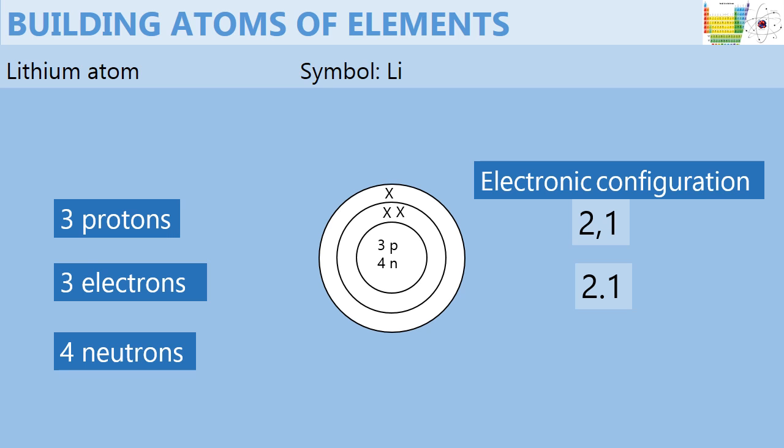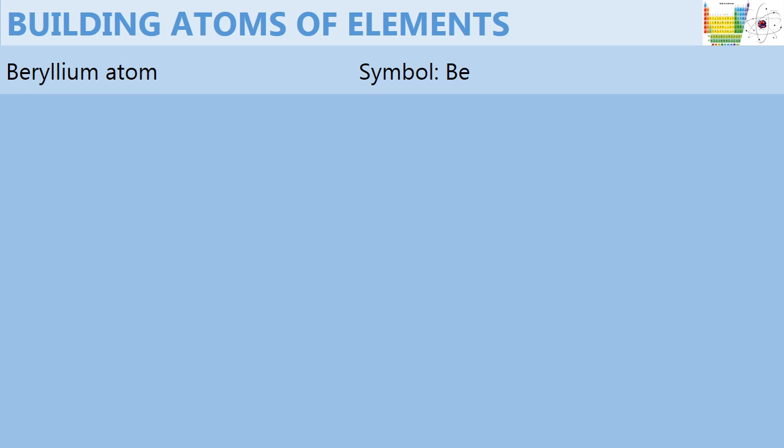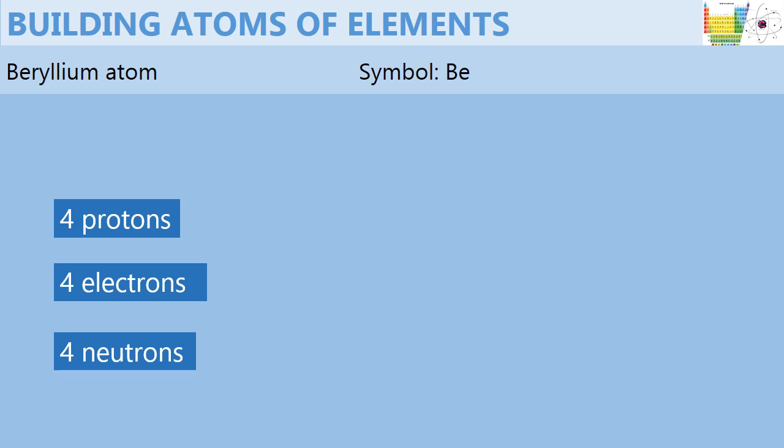The next element of the periodic table is beryllium atom. It contains the following subatomic particles: 4 protons, 4 electrons, and 4 neutrons. And it is represented by the following diagram.